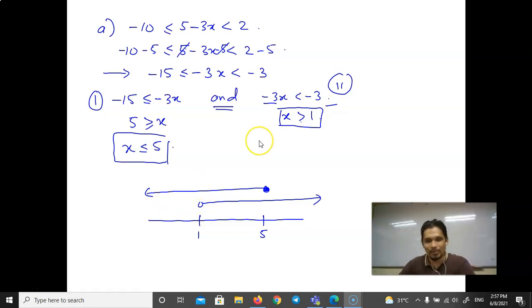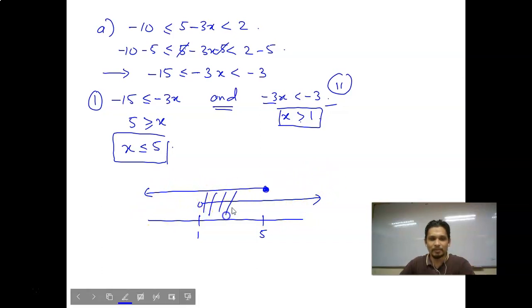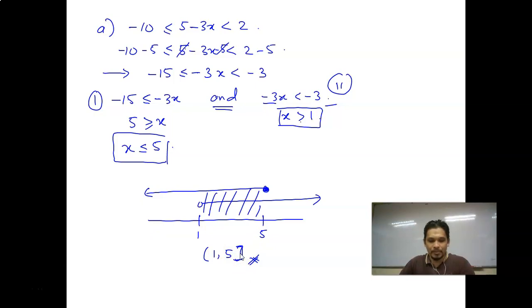The intersection between these two lines is not here, but here. So the final answer is from 1 to 5. The solution set in interval form is from 1 to 5.